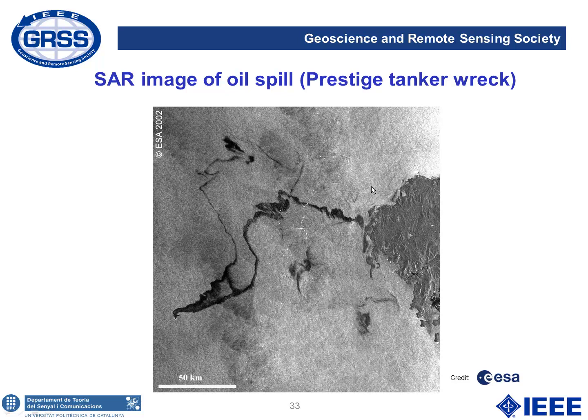In the case we have contaminants, for example oil contamination on the sea surface, the oil mechanically damps the roughness due to sea waves, so a lower roughness results in oil-affected areas, and this is reflected in a very dark pattern. So this pattern actually corresponds to oil pollution. This is a radar image obtained by ENVISAT corresponding to the Prestige tanker wreck near the Galician coast in Spain.